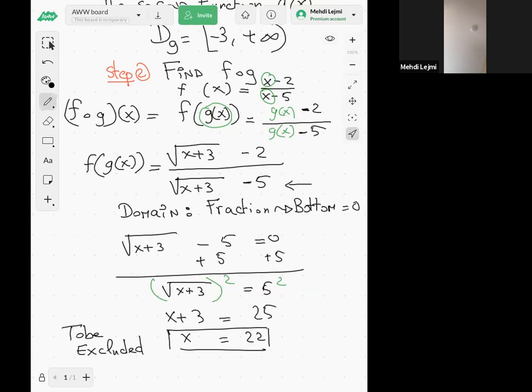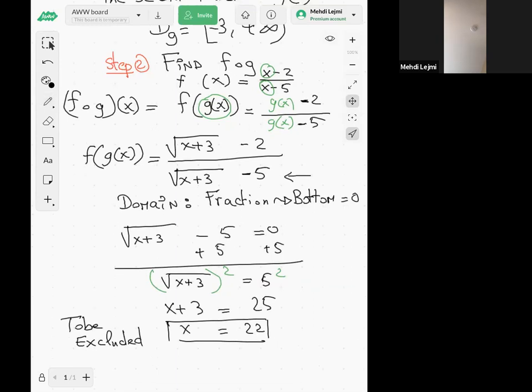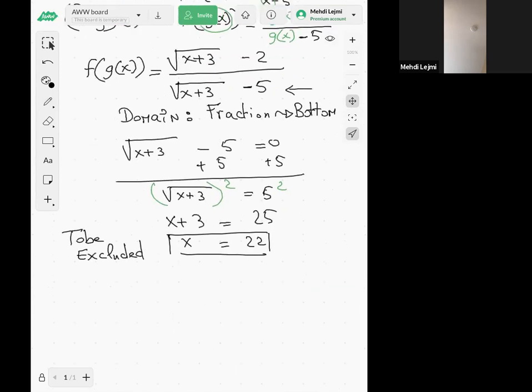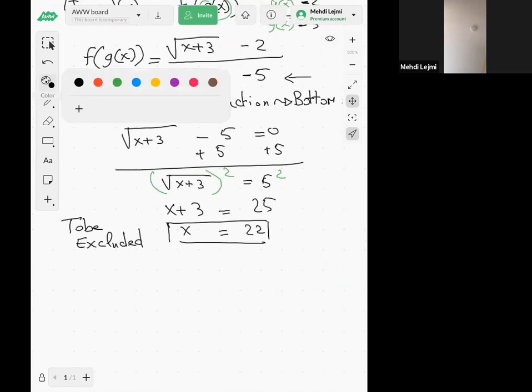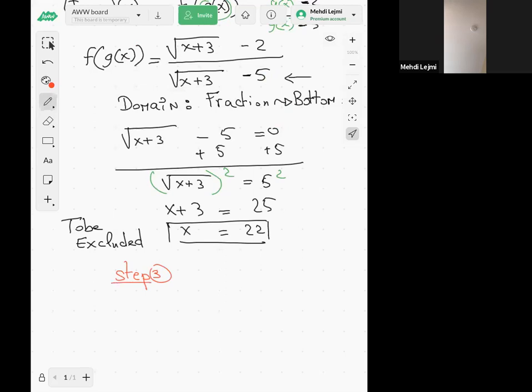So we have this in the last step, and now I can find the answer. You take the intersection. So the step 3: we take the intersection of the domain in step 1 and 2.